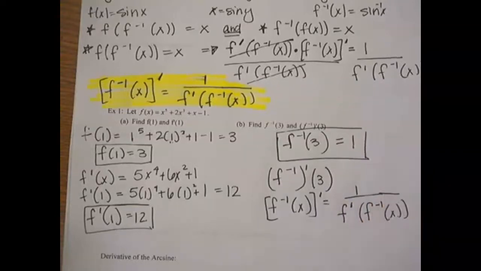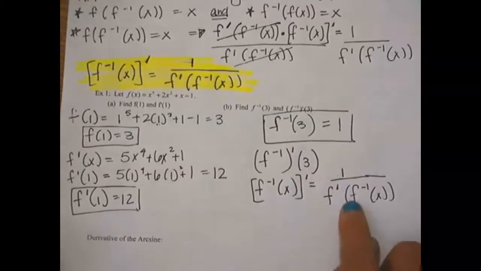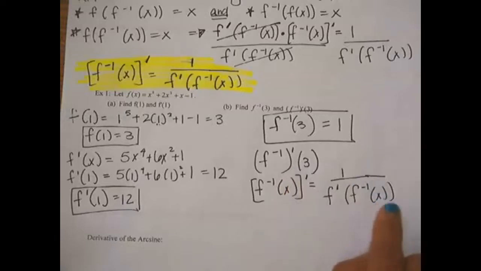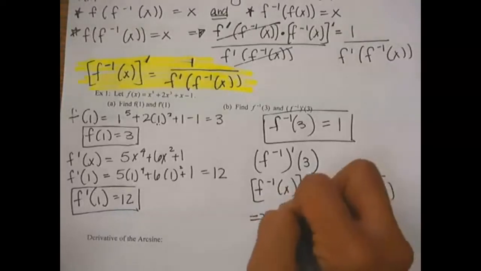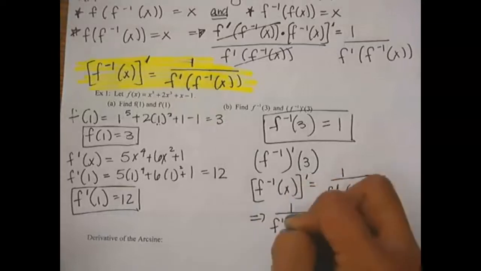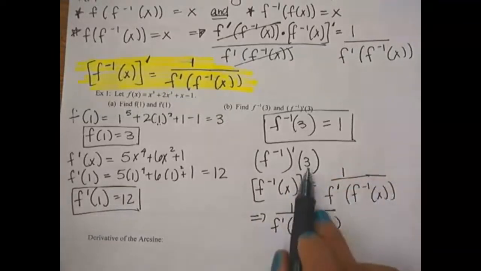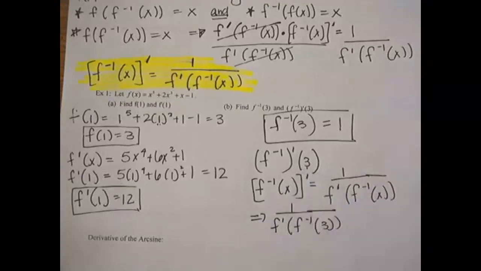Okay, this is the form I'm going to use. Well, x is evaluated at 3. So you need to find out what this is. So now I'm going to take this out and put it in my input. So 1 over f prime of f inverse of 3. So that's what I'm trying to evaluate when x is 3.